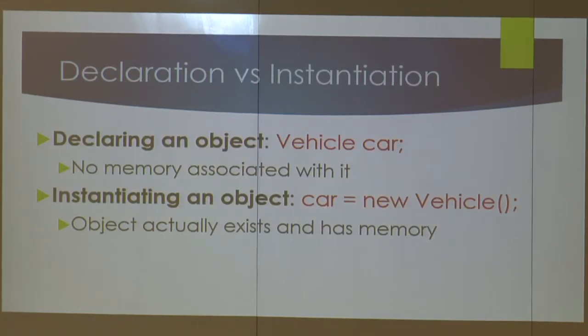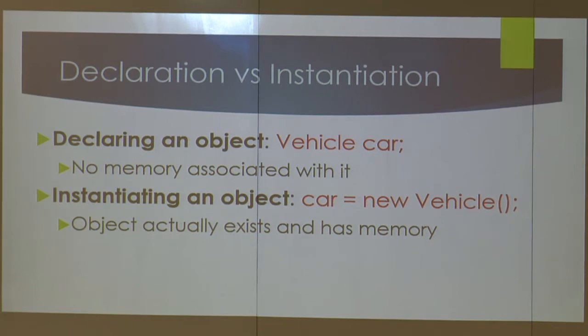There's an important difference between the terms declaration versus instantiation. Declaration is essentially just warning Java, like, hey, at some point I'm going to have an object with this name of this type. But since it's just a warning, the object doesn't really exist yet. There's no memory associated with it. In my example here, if we just wrote vehicle car, we'd be telling our program, you're going to have an object named car of type vehicle, but there's no actual memory associated with it yet.